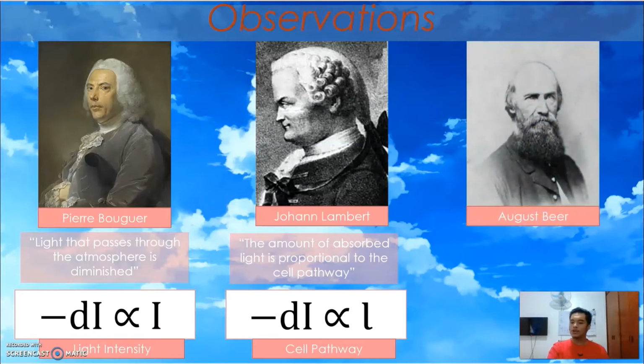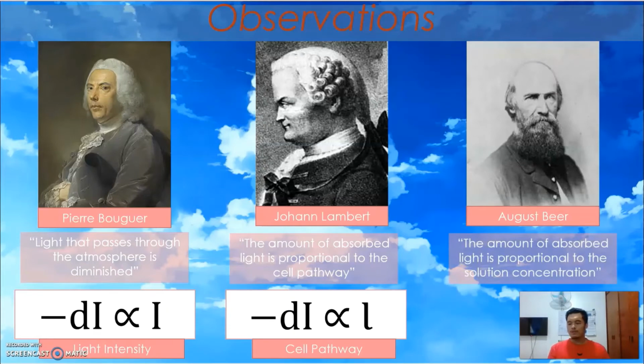And lastly, August Beer also tried to contribute something, for he tried to relate the amount of absorbed light in the analyte to the solution concentration inside the cell. Mathematically speaking, the rate of change of light intensity is directly proportional to c, the sample concentration.